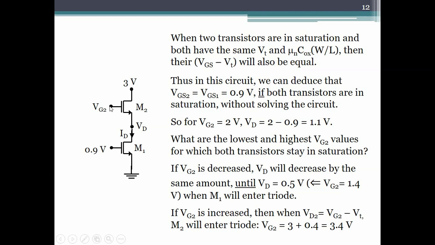If we increase Vg2, at some point M2 will go into triode because Vg minus Vt will become greater than Vd. What is that value? Vt is 0.4, so 3.4 volts. So at Vg2 equal to 3.4, M2 will go into triode. Alright, so the range of Vg2 for which both the transistors stay in saturation is 1.4 to 3.4 volts.